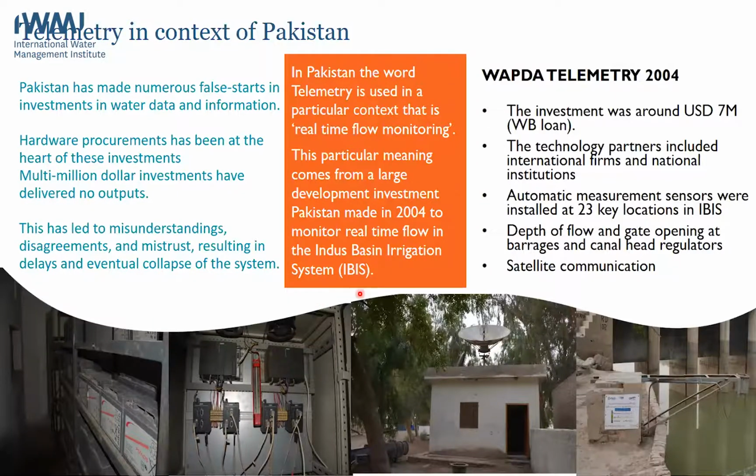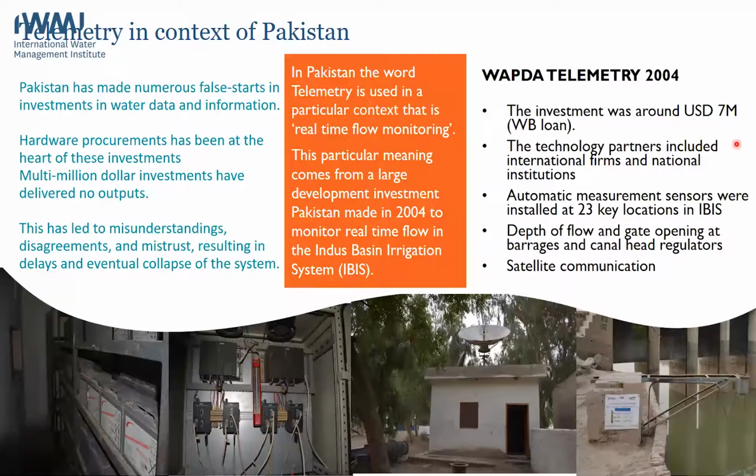I'll give you one example, that is the water telemetry, where we have more lessons to learn rather than the success. This particular investment was of the magnitude of about $7 million through a World Bank loan.